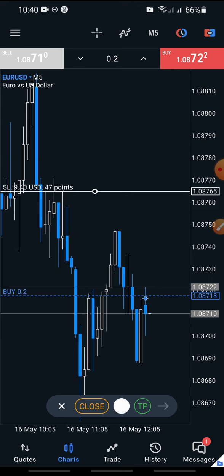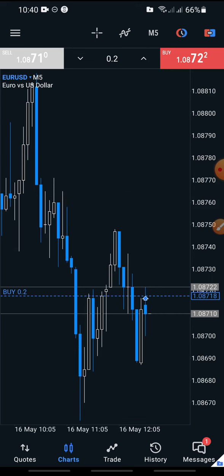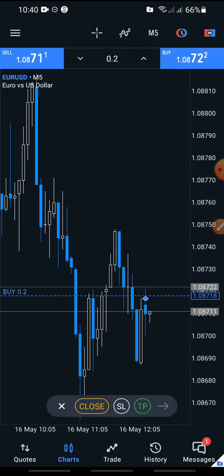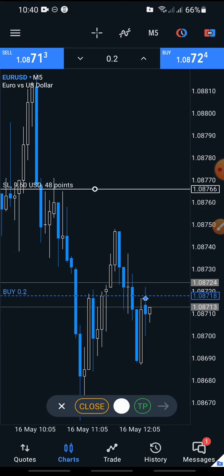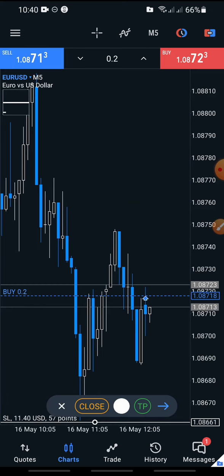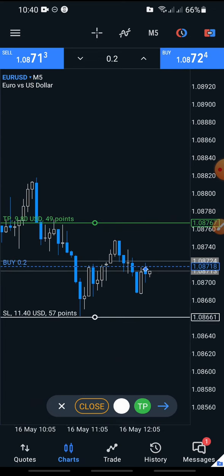There are two ways to set your stop loss. You can either do it on your chart here by just touching that order. If you touch that line where the order is, it should trigger. Then at the bottom you can click the SL button there and move it to where you want your stop loss to be. Same thing with the take profit. You can tap the take profit and adjust that one.